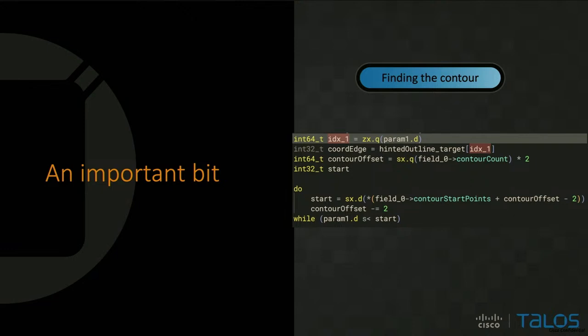So the index can point outside of the array of points to begin with, even if the start and finish points are smaller. And if we can manipulate the memory adjacent to it, we have our vulnerability right here.